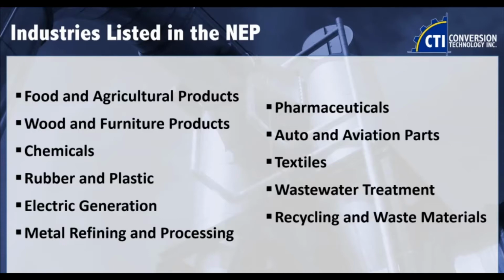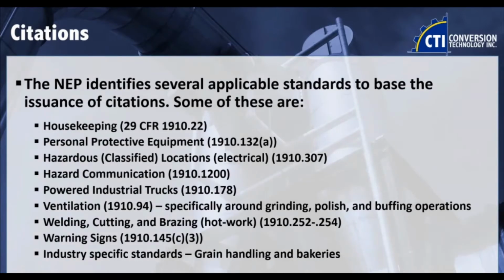So some of the things that I've seen, the NEP identifies several applicable standards for an inspector to cite combustible dust based on. I have seen housekeeping, 29 CFR 1910.22, probably cited the most as their reason for violation.